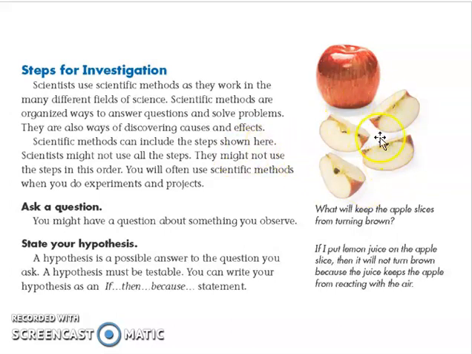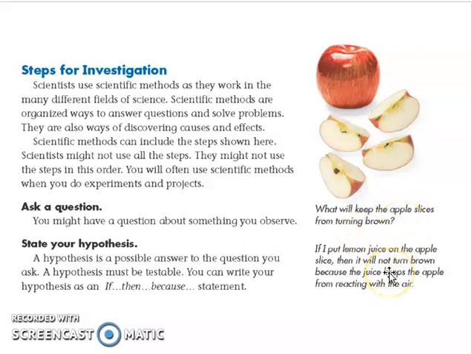Like this one, girls. When you cut an apple, have you noticed that after a couple of minutes the apple will turn brown? But what will keep the apple slices from turning brown?